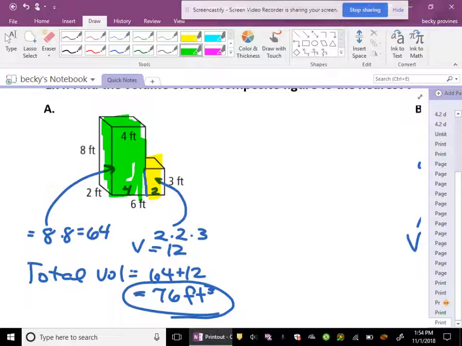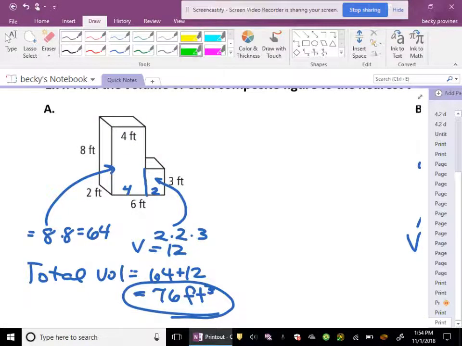Now, you can always go back to stuff that you learned in grade school. The green one, we can do length times width times height. That works. It really does. So if you remember length times width times height, we can do that. So here, I'm going to erase some of this so I can get rid of some of these colors.